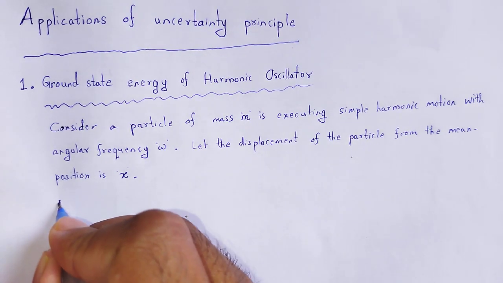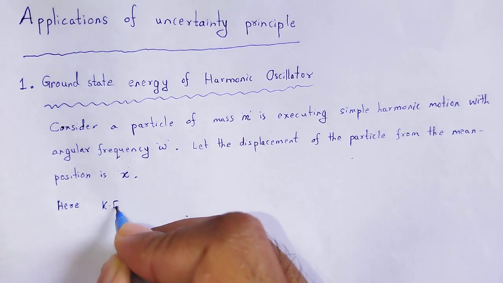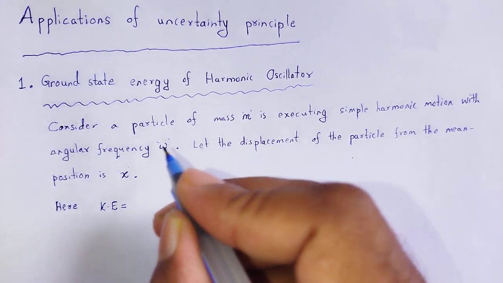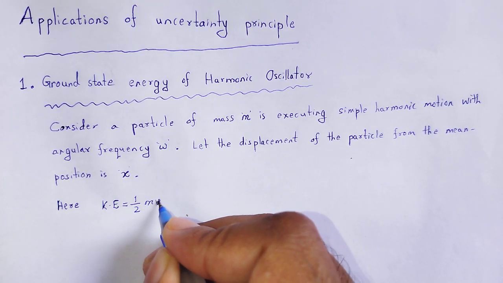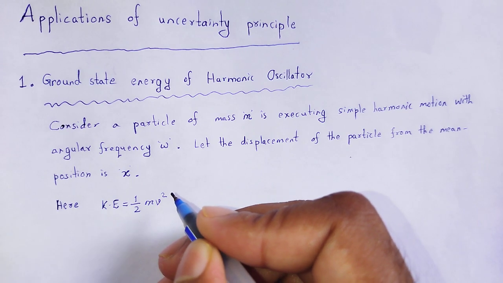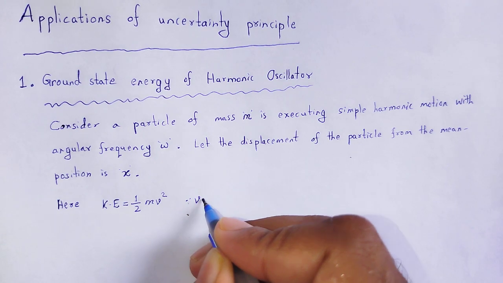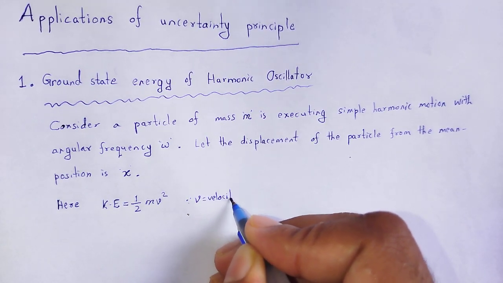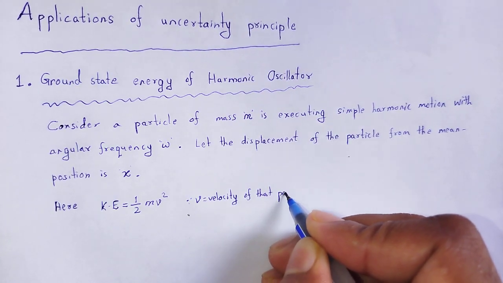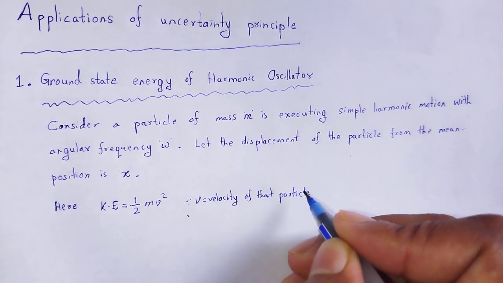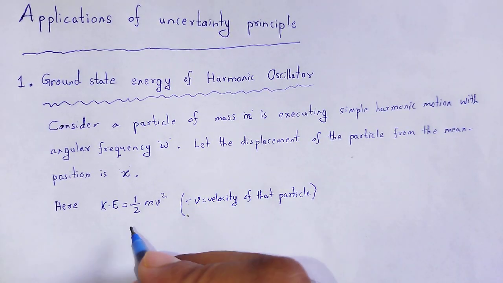Here, kinetic energy is half m v square, v being the velocity of the particle having the mass m.